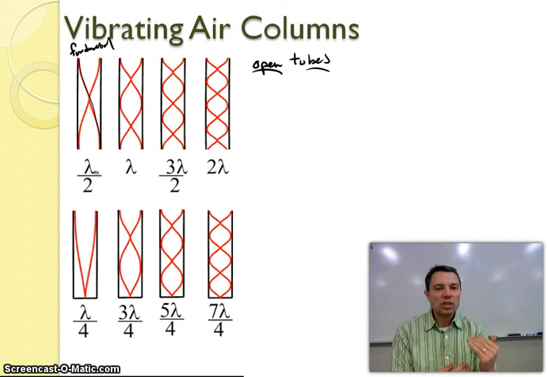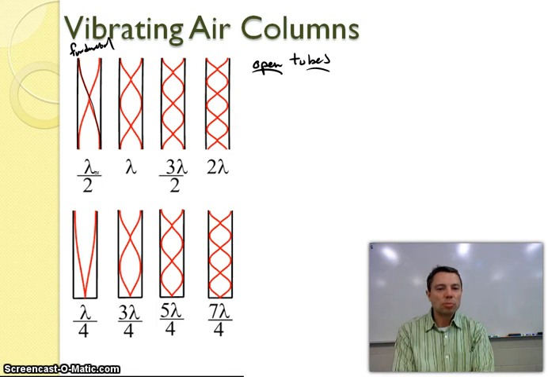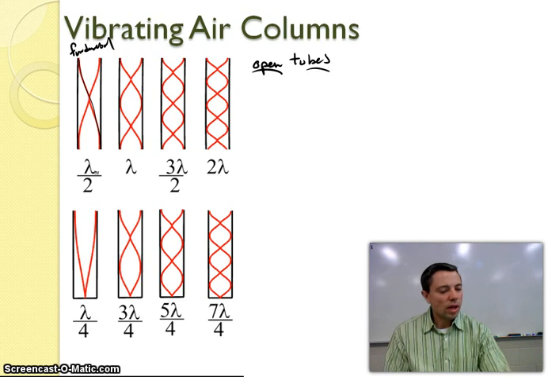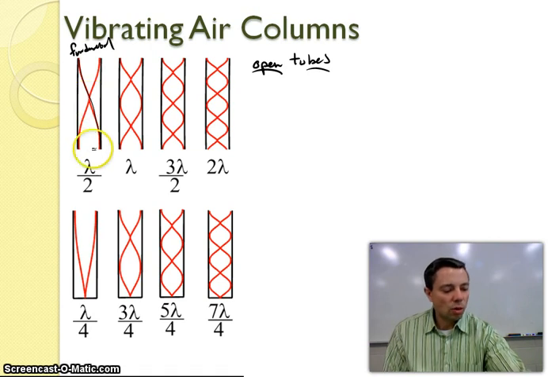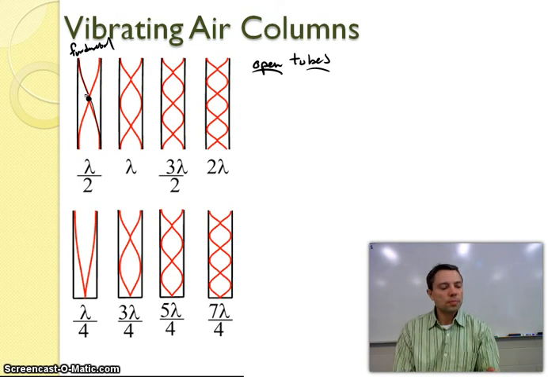We see a high pressure and a low pressure, alternating, and those changes in pressure are what cause us to have different sounds. So we have low pressure here, low pressure here, and a point of high pressure in the middle. Very similar to our nodes and antinodes.